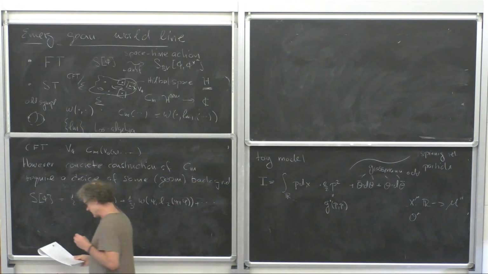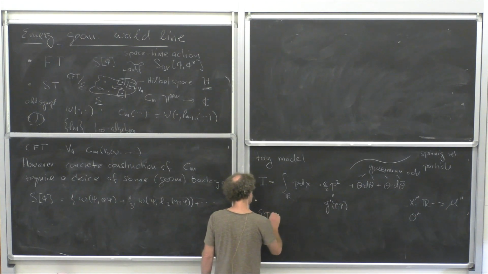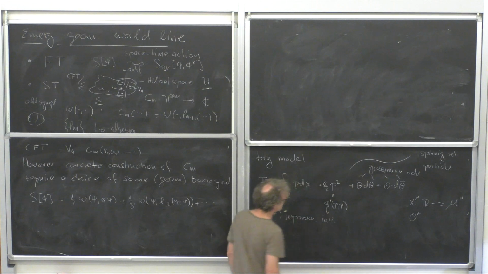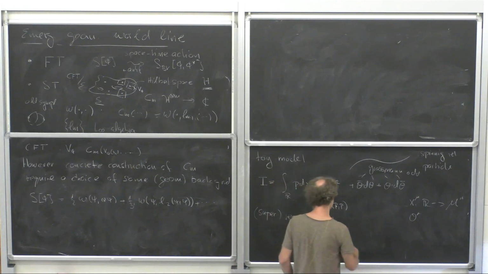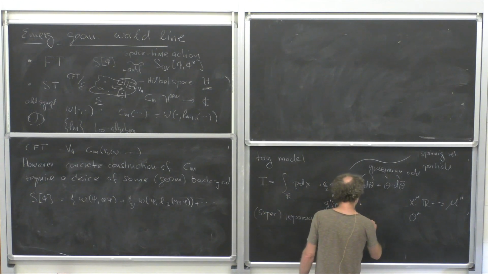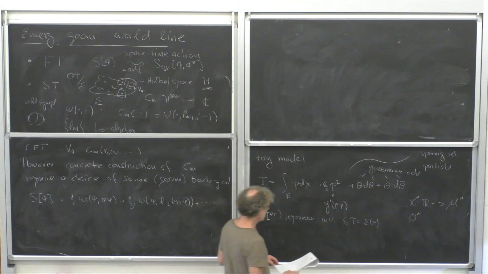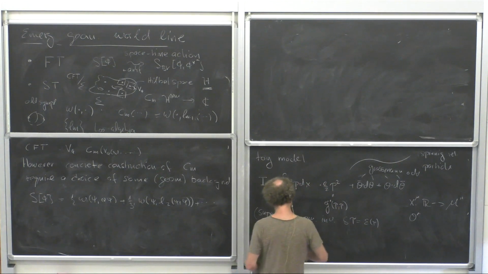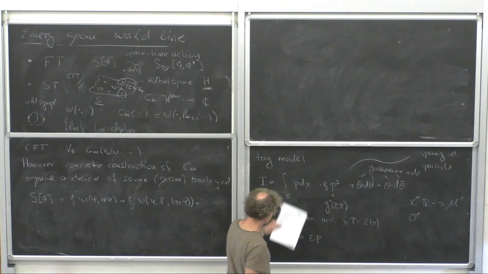Now, this has a super reparameterization invariance. If I introduce some parameter tau on this worldline, and take delta tau to be some function epsilon of tau, then the invariance is that delta x is equal to epsilon times p.